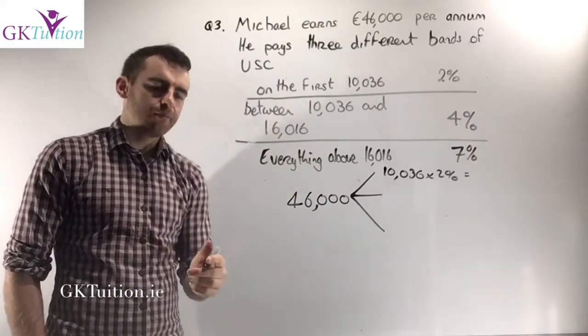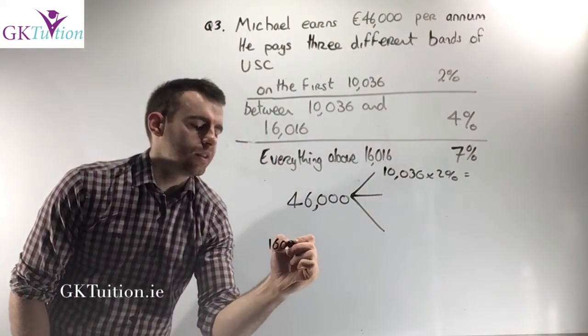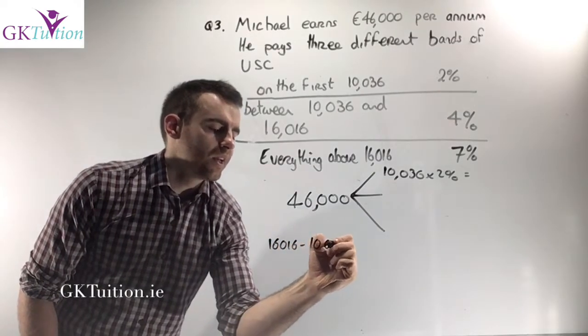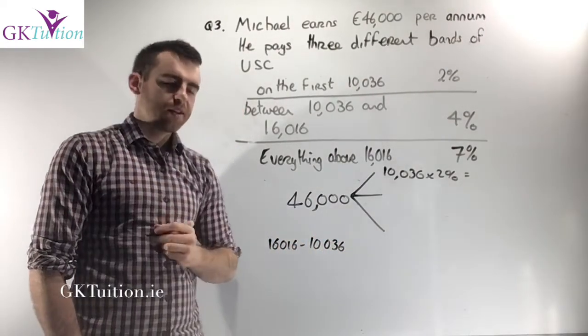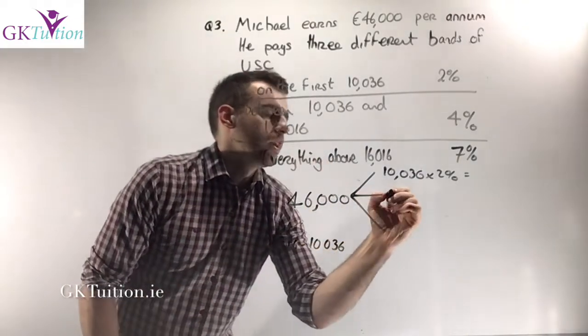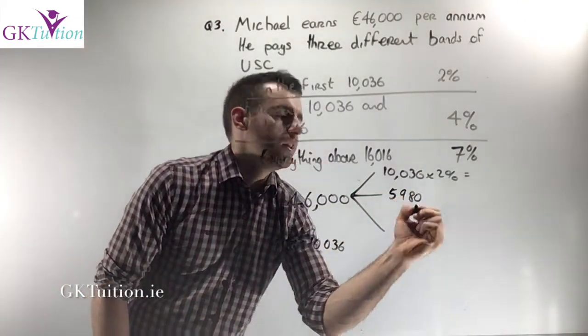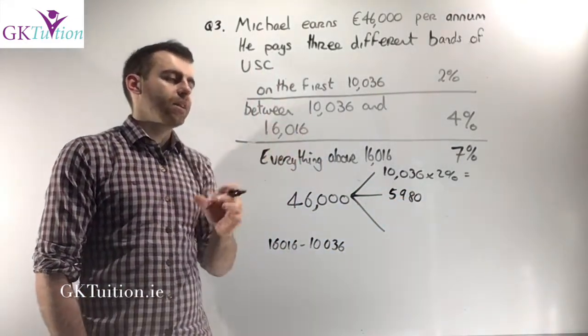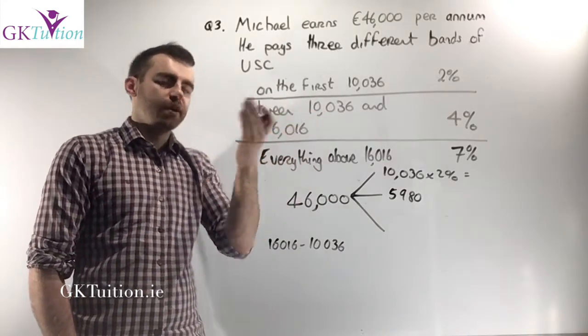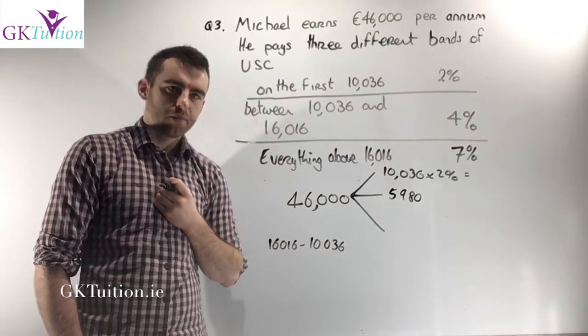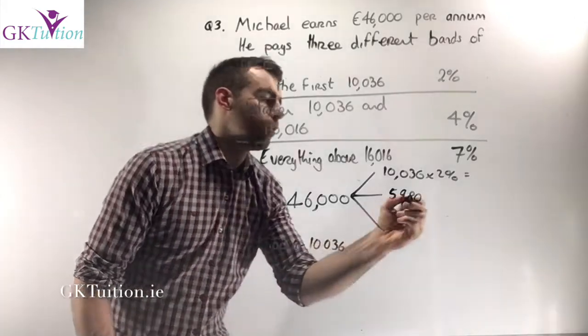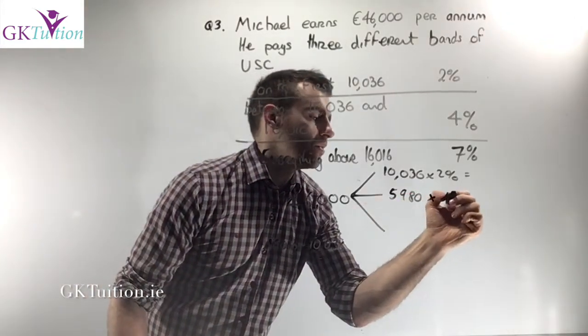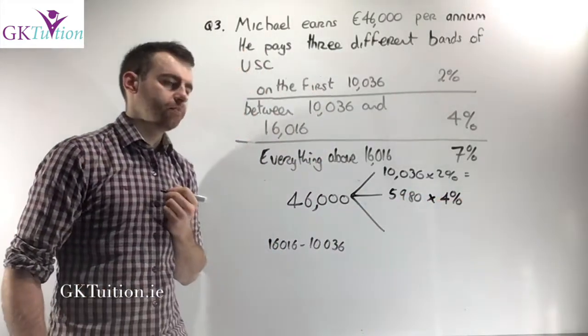To work that out mathematically, what you will do is 16,016 minus 10,036. That tells me that this band is €5,980. Anything between this and this, the difference between the 2 is €5,980. So Michael needs to pay 4% on that €5,980 that he earns.